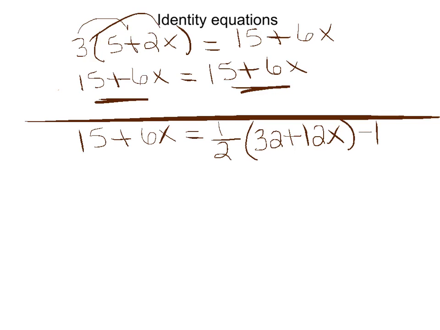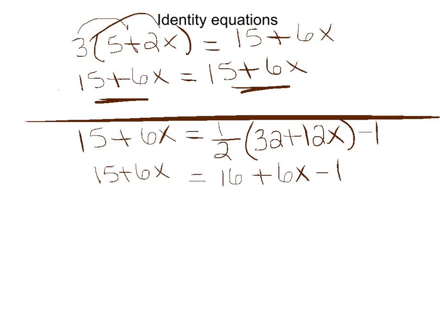Now, this is an identity equation in disguise. We have to simplify both sides to see that it is an identity equation. And to do that, we have to first distribute the 1/2 times everything in the parentheses. 1/2 times 32 is 16 plus 1/2 times 12x is 6x minus 1 equals 15 plus 6x.